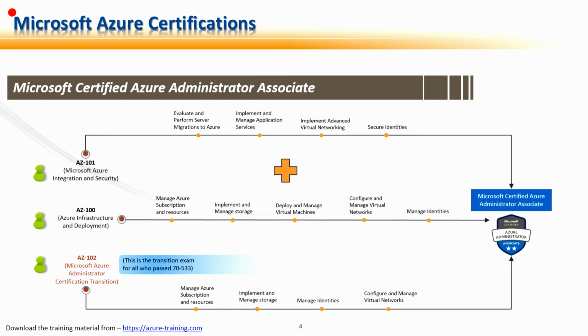For the second part of the certification, this consists of Implement and Manage Storage, and this will be for creating Azure File Share or Azure File Sync services, creating Azure sync groups, and troubleshooting those sync groups.